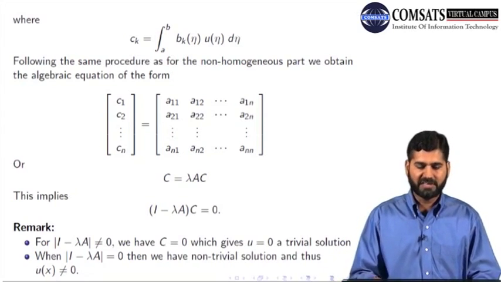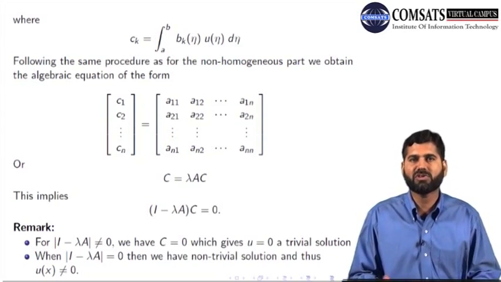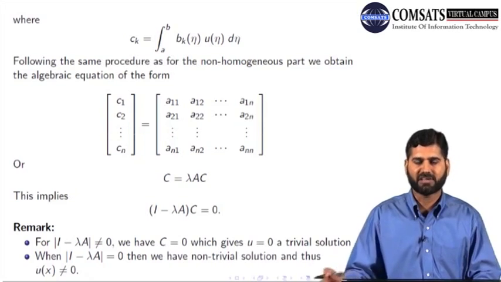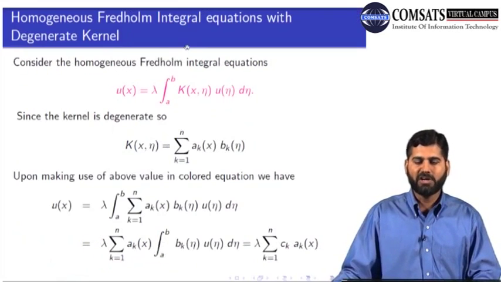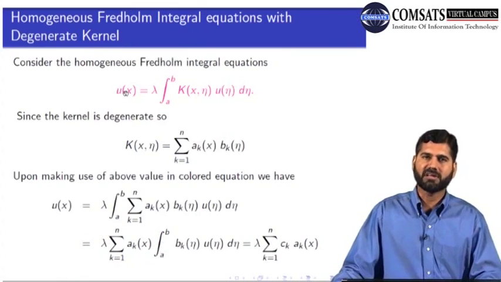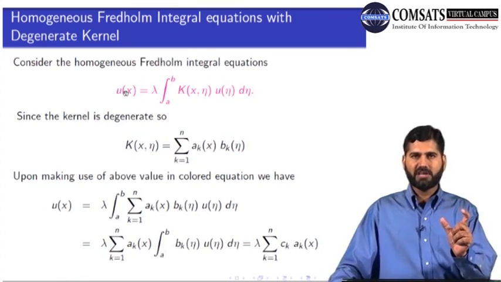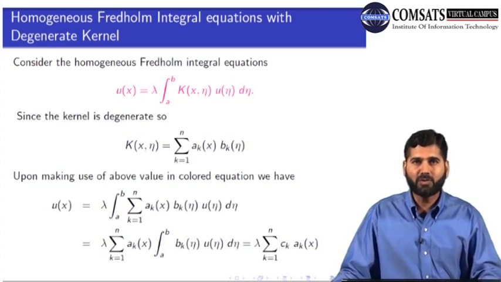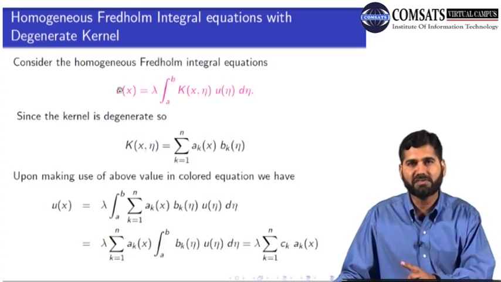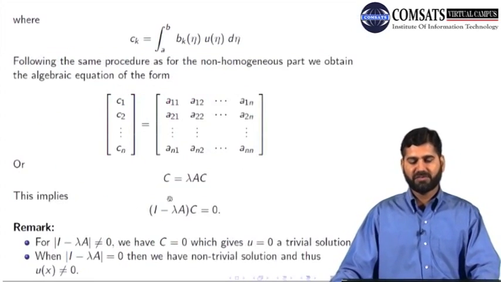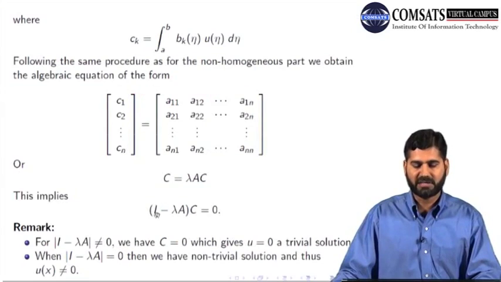The reason is, if the determinant of this matrix is not equal to 0, then we'll get the trivial solution, and we don't want the trivial solution for the homogeneous equation. I know if u(eta) is 0 and u(x) is 0, it's always a solution. For a homogeneous integral equation, u(x) equal to 0 is always a solution. I am not looking for that. I am looking for non-trivial solutions. So for the non-trivial solution, I have to have the determinant of I minus lambda A to be zero.